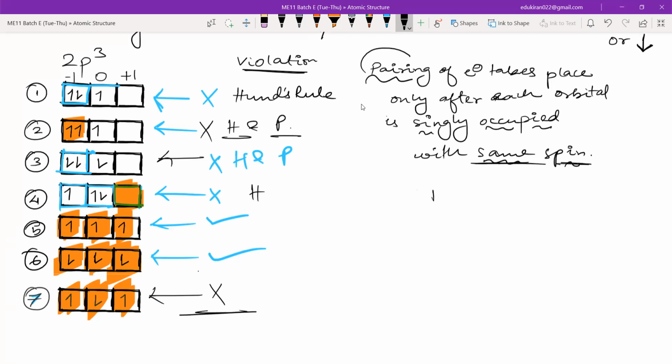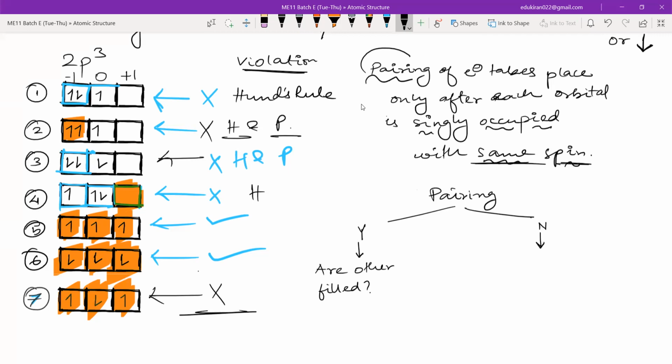So first you will see whether there is pairing. If pairing is there, you will get two answers, yes or no. If you get yes, then you will check whether the others are filled. If no pairing is done, that means it is singly occupied.